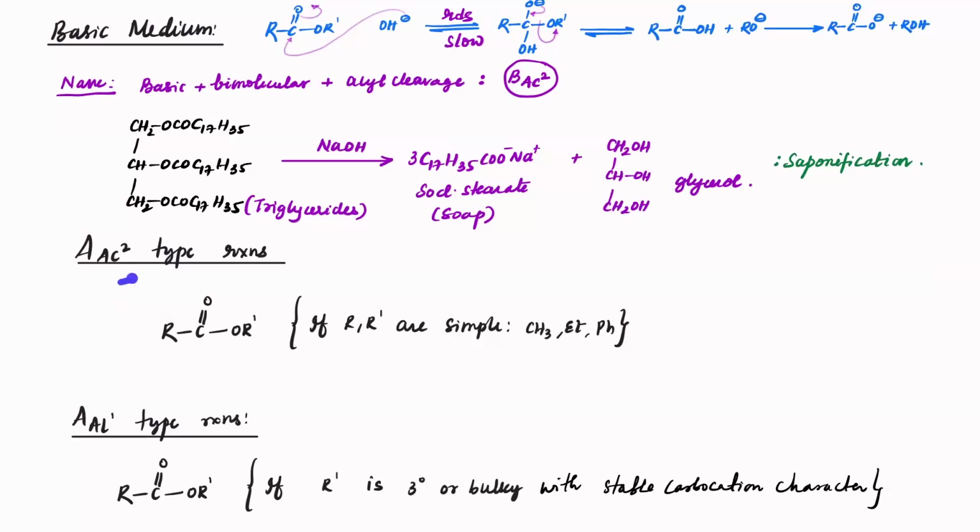When do we typically get AAC2 type of reactions? When on both sides of the R, you have very simple groups. That means they are not very bulky, something like methyl, ethyl, propyl type of groups.